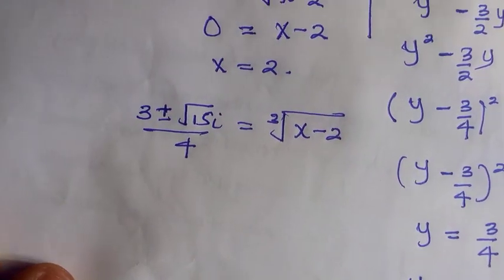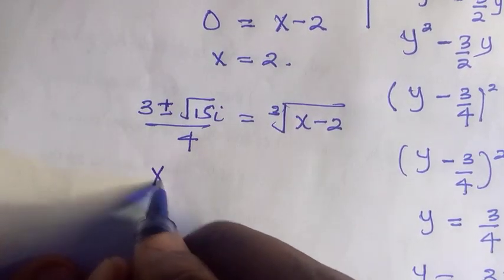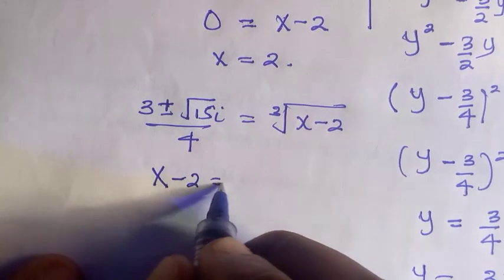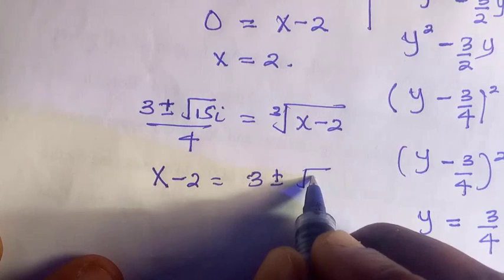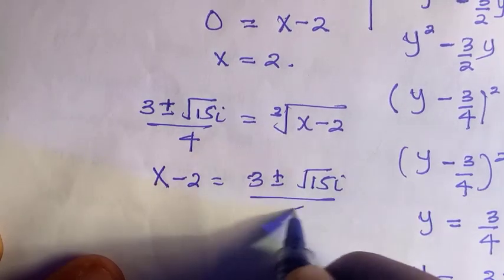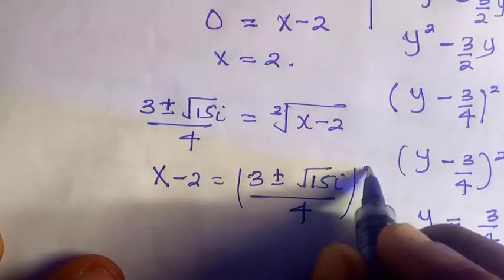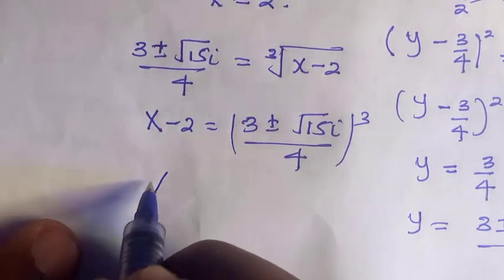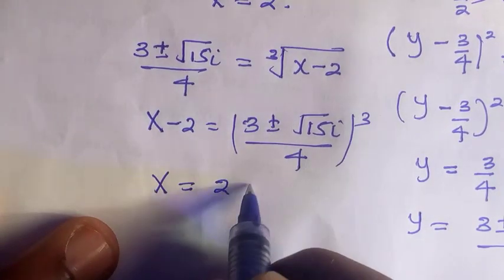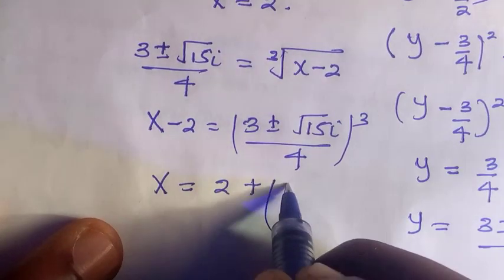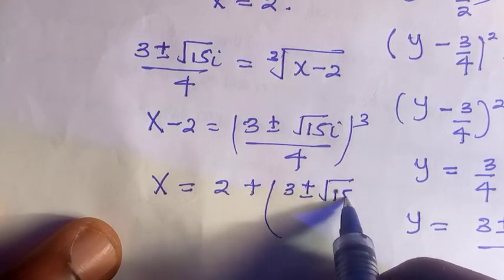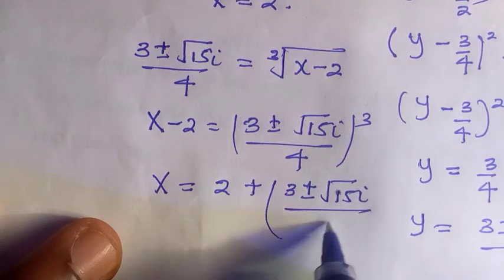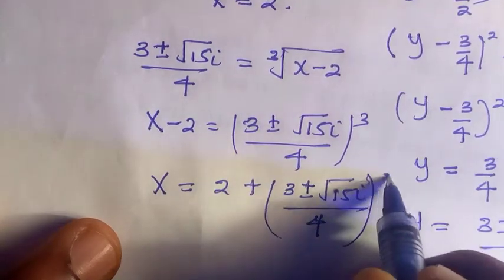And by taking the cube of both sides, we still get x minus 2 equals 3 plus or minus root of 15i divided by 4, and everything is to the power of 3. By making x the subject, we have 2 plus 3 plus or minus the root of 15i divided by 4 all raised to the power of 3.